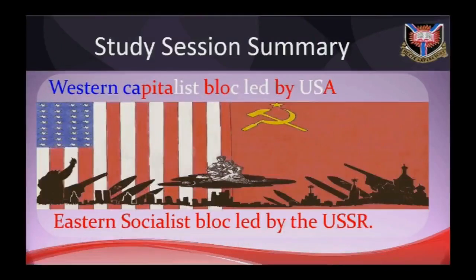The division of the world into these two blocs is a product of two major factors: the existence of two opposing ideologies, capitalism and socialism, and the misunderstanding that arose between the USA and the USSR after the war.